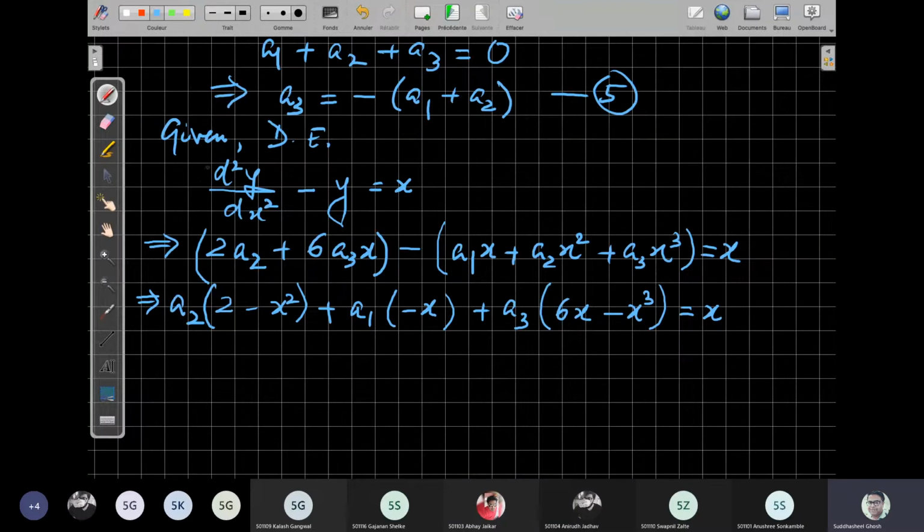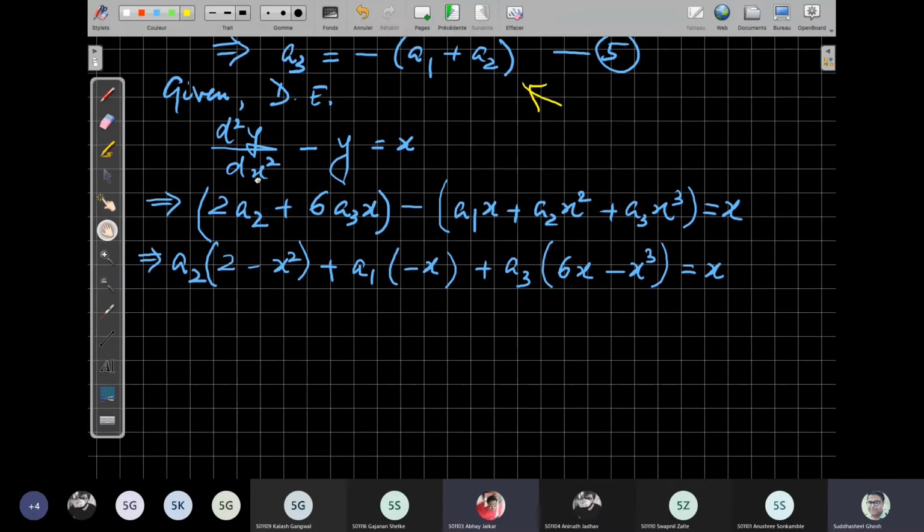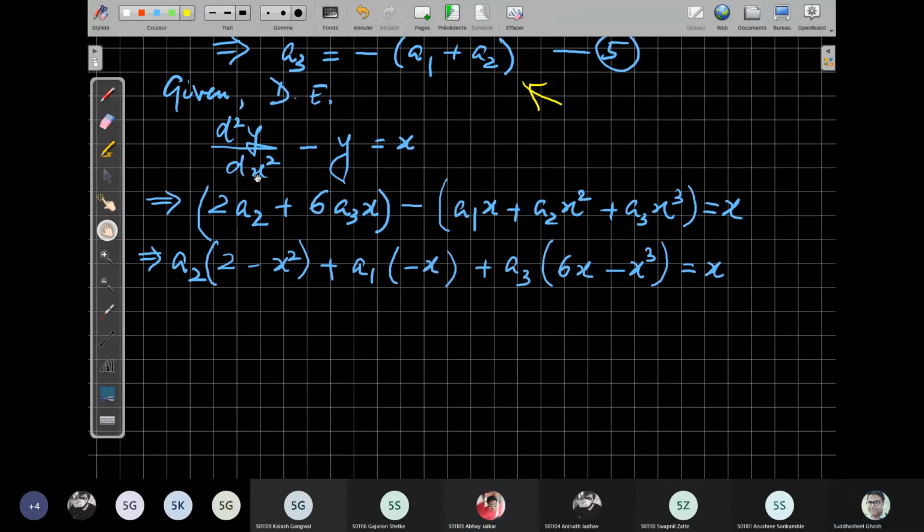Now please see this. The equation I just obtained, can I use it? Yes, equation number 5, sir. So instead of a3 we put minus a1.